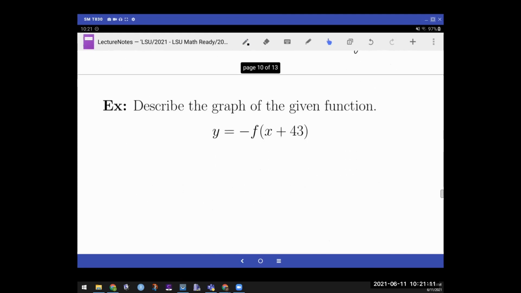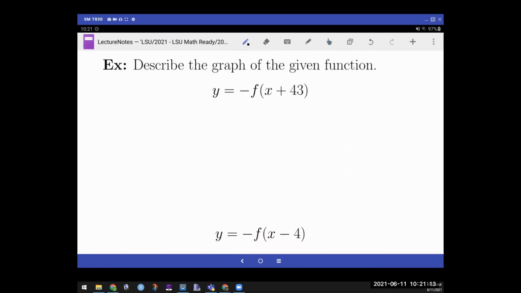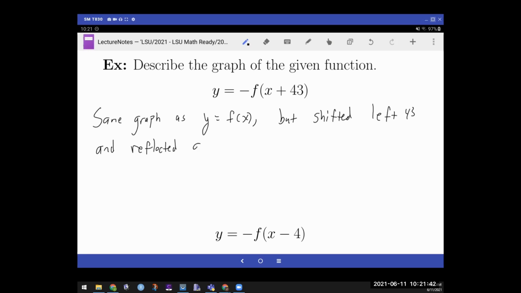Okay, so let's describe these graphs really quick. This is going to be the same graph as y equals f of x, but shifted left 3 and reflected across the x-axis, right?